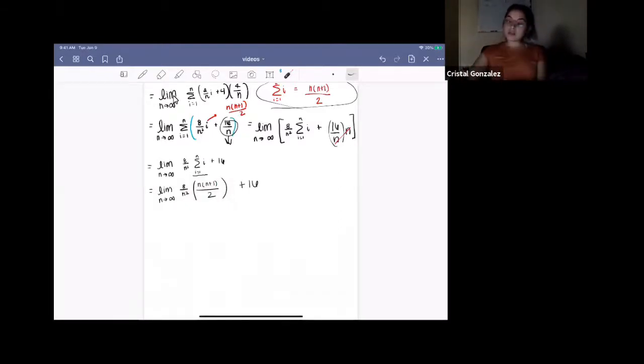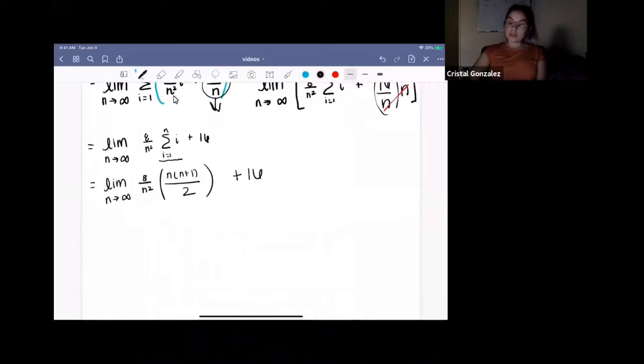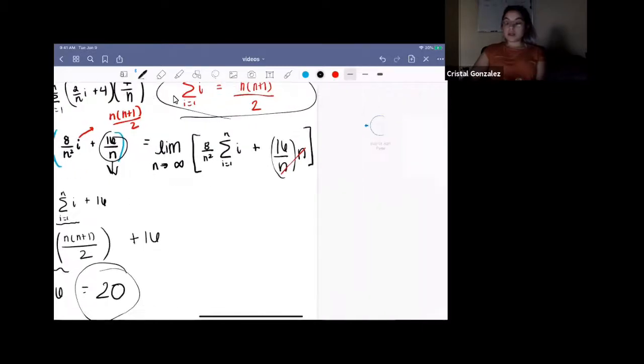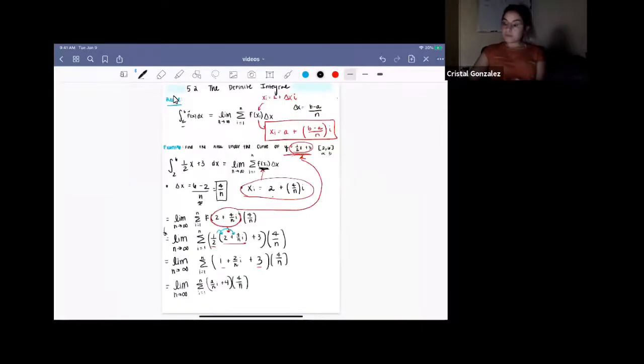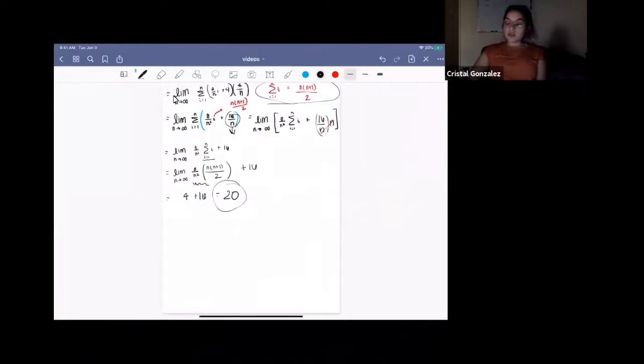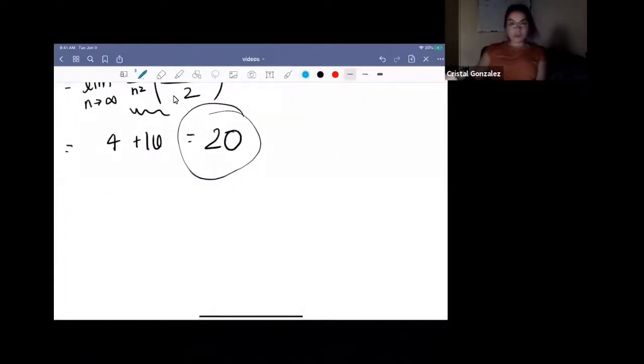So this is going to end up being 8 over 2, which is the same thing as 4. So this is equal to 4 plus 16, which is equal to 20. So that's what the area under the curve is between 2 and 6.